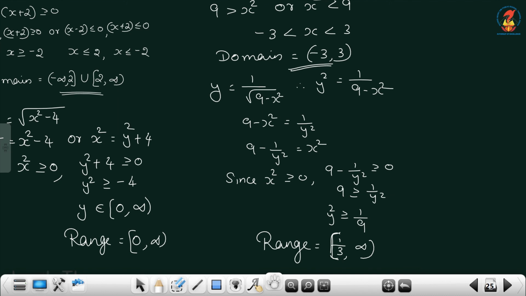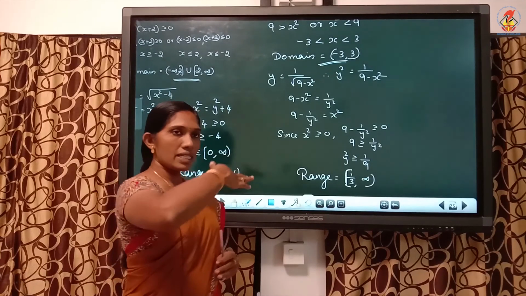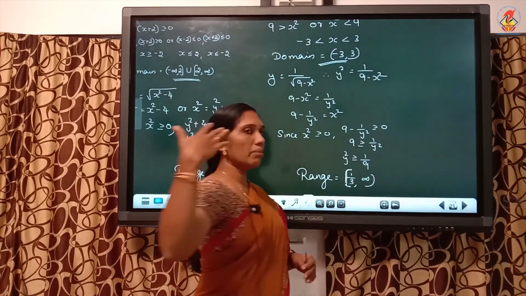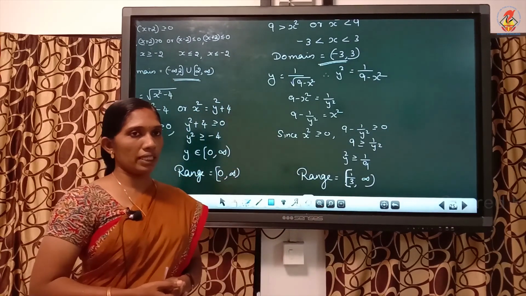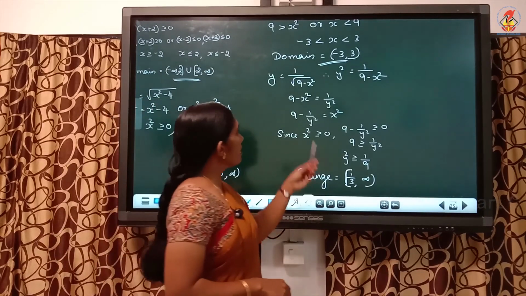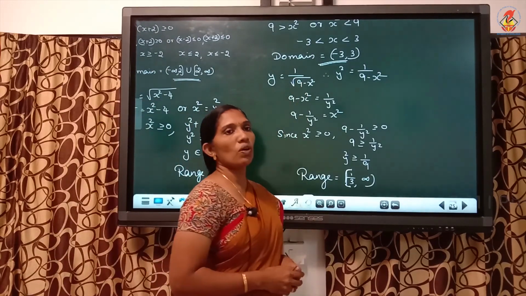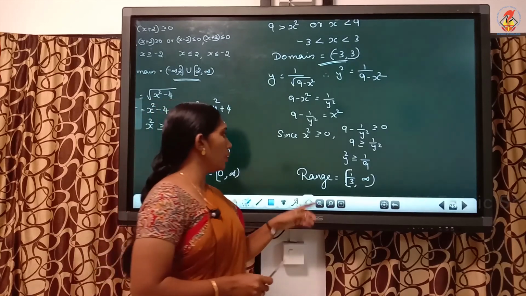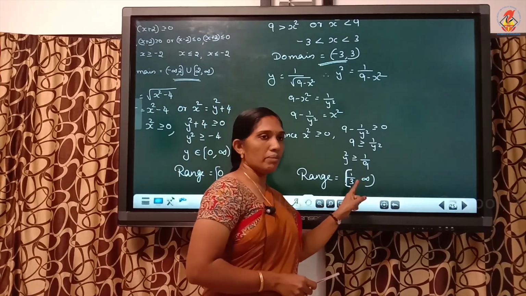So y square greater than or equal to 1 by 9 means either the case is 1 by 3 to infinity and minus infinity to minus 1 by 3. Those are the two cases. But since y is equal to this root, it cannot be negative. So the negative side you have to neglect, and the range is 1 by 3 to infinity.